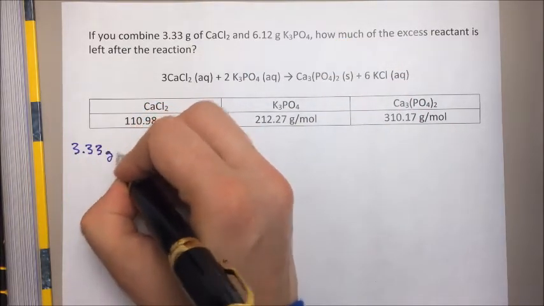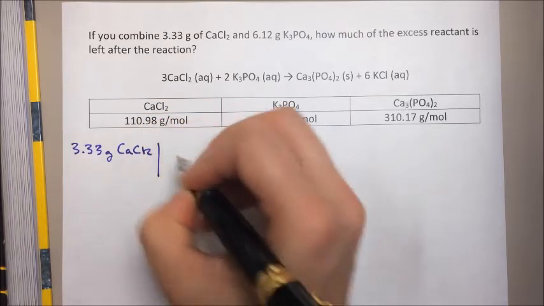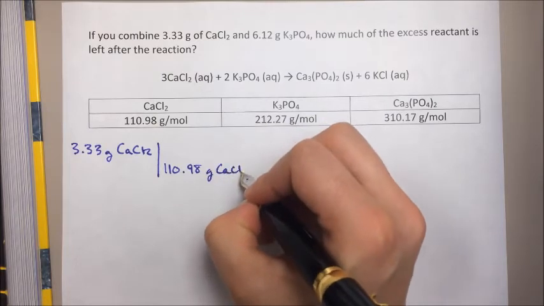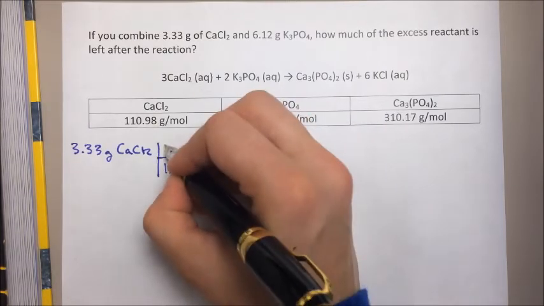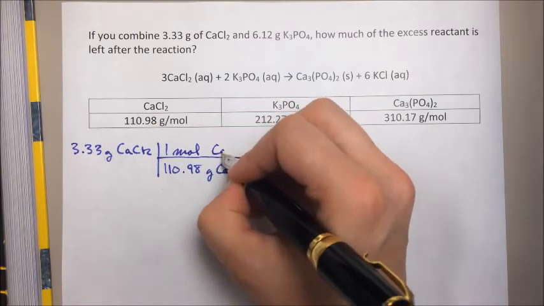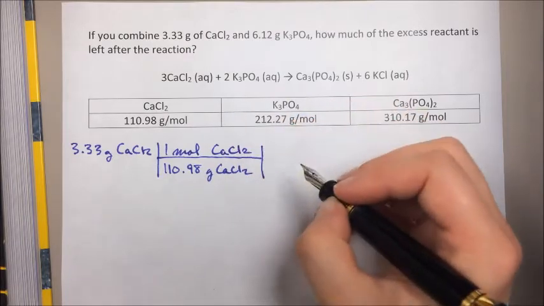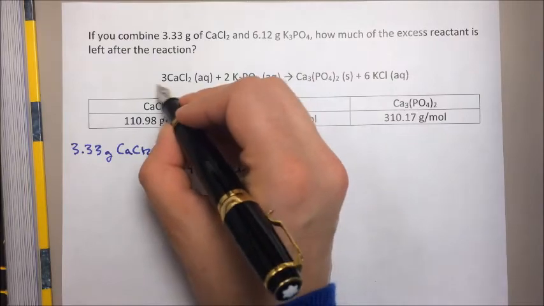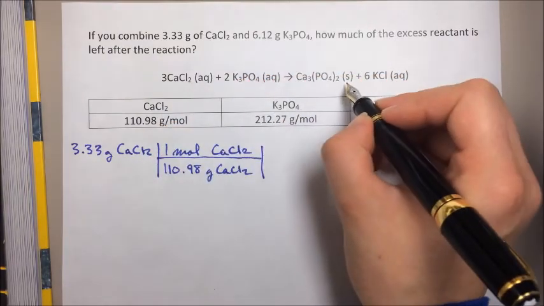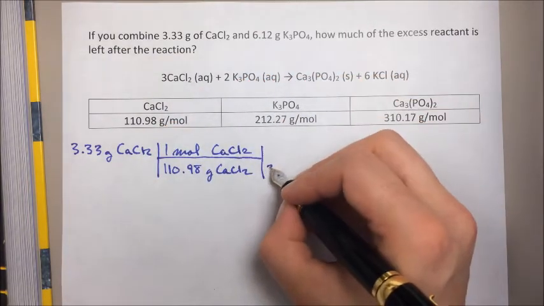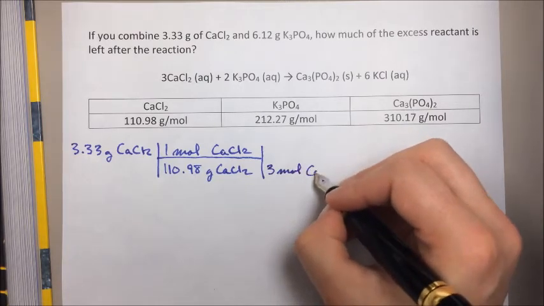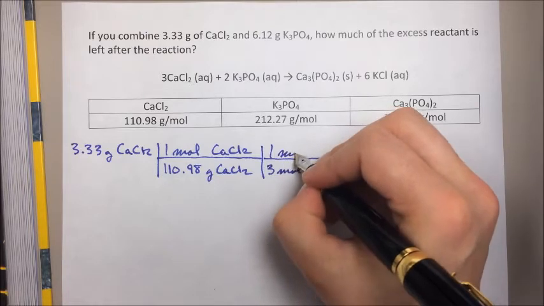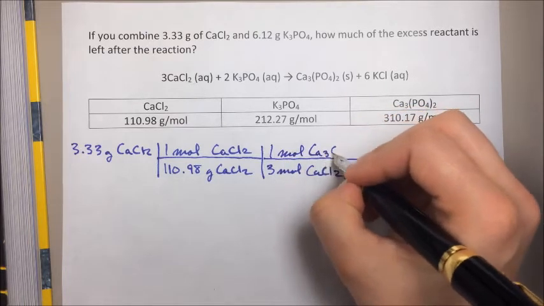The first thing we need to do is go from grams to moles. We get our mole-to-mole conversion factor from the chemical equation. We've got 3 calcium chloride to 1 calcium phosphate. So we've got 3 moles of calcium chloride to 1 mole of calcium phosphate.